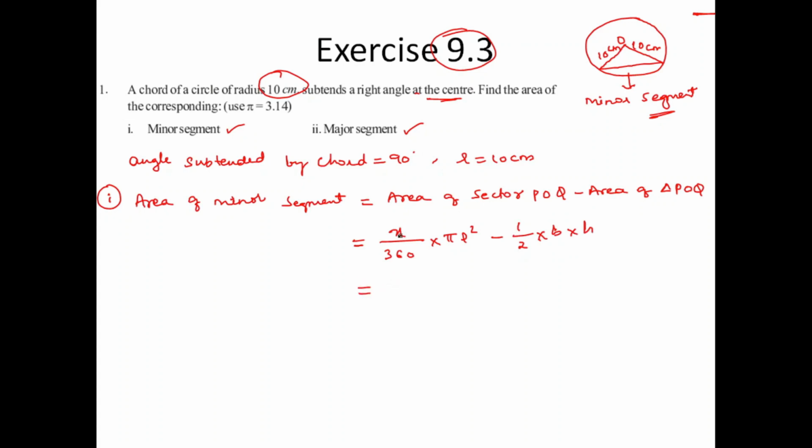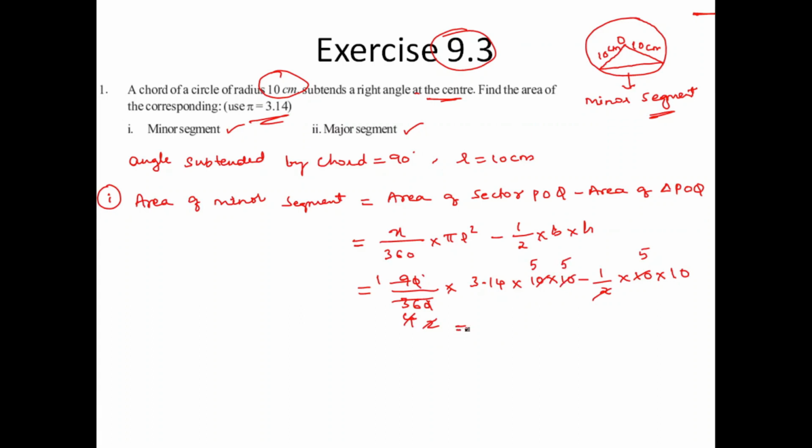The angle x is 90 degrees, so 90 by 360 into 3.14 into r square, that is 10 into 10, minus half into base 10 and the height also 10. This reduces: 90 by 360 is one fourth, and the 10s cancel out.